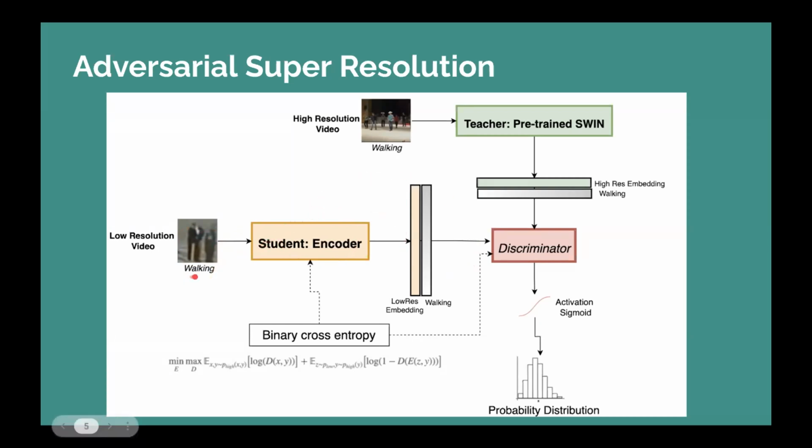And we make sure that the label of the video sample that we are taking from Tiny Virat is similar to the label of the sample that we are getting from the high resolution dataset. We append the label with these embeddings and we pass it to a discriminator to allow it to tell apart the high resolution embedding from low resolution embeddings. And we train the student network using a binary cross entropy loss.